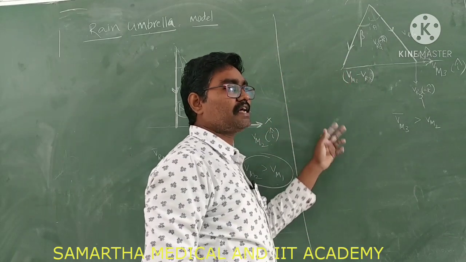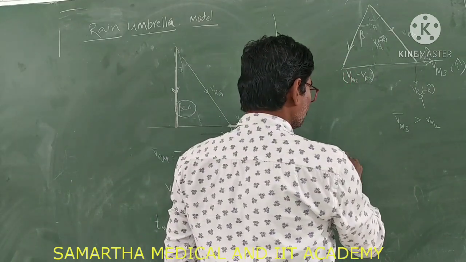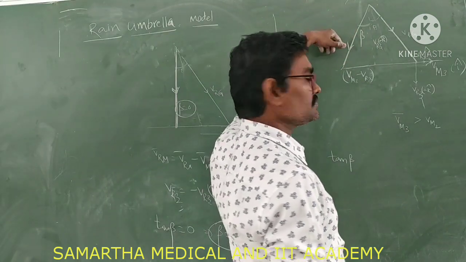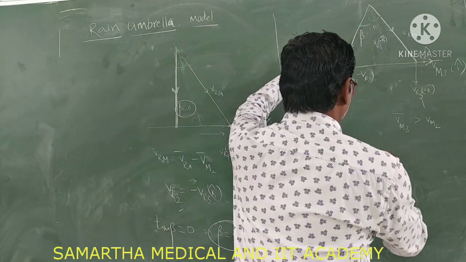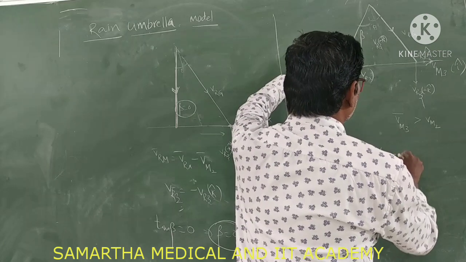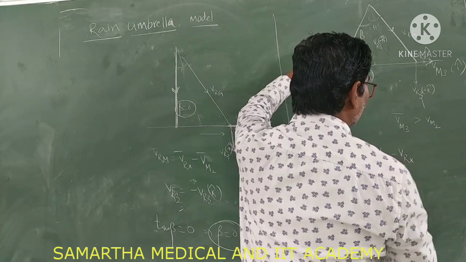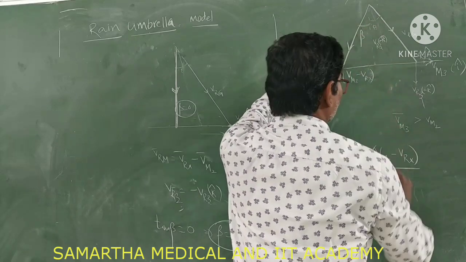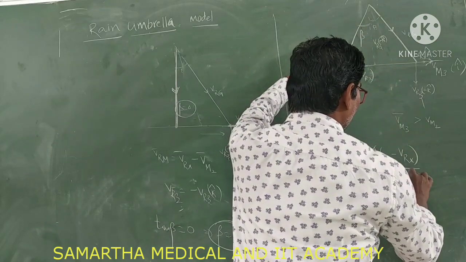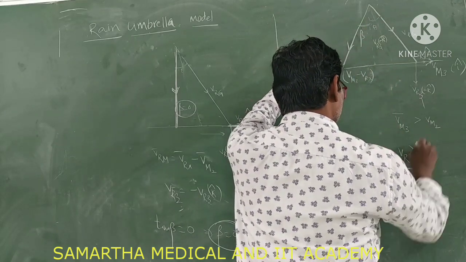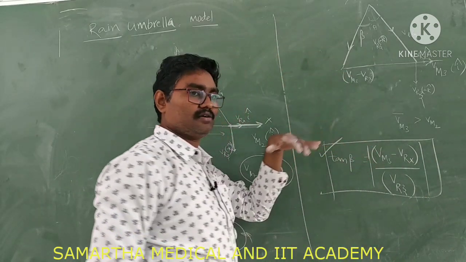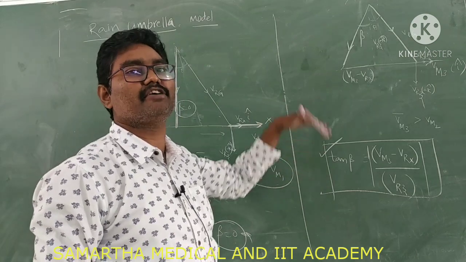Now what is tan beta here? What is the angle it makes with the vertical? Tan beta is the velocity of man 3 minus the velocity of rain component along the x-axis, divided by the velocity of rain component along the z-axis. So this is the resultant angle made by the rain with the vertical.